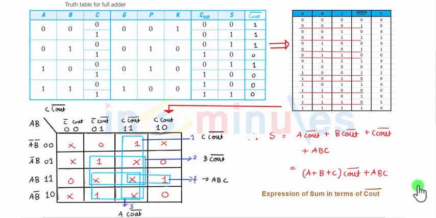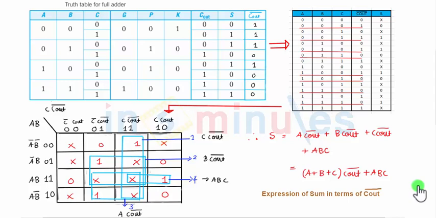The reason we do this is because, as we saw in the ripple carry adder, the delay from Cin to Cout is very critical, and sum is not that critical because the next stage gets the Cout of the previous stage. Hence we want our Cout to come first and then our sum, because Cout goes to the next stage and has to come out faster. That's the reason we try to find an expression of sum in terms of Cout bar.